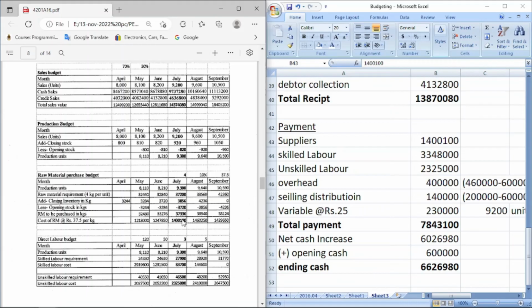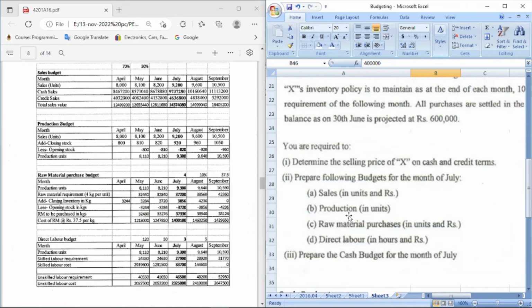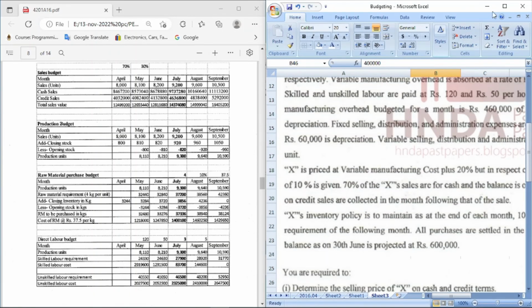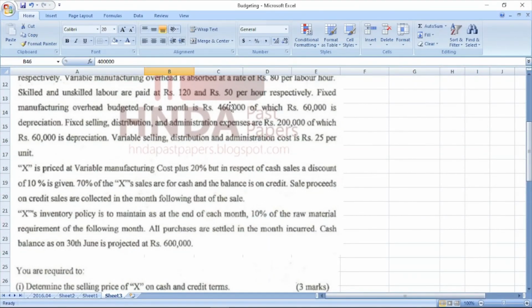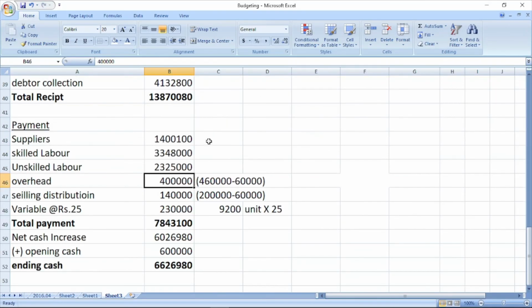And skilled labor hours, it is in direct labor budget for July, and plus unskilled labor cost. And overhead mentioned in the question, it is 460,000 of which 60,000 is depreciation, so 460,000 minus 60,000, it is 400,000.